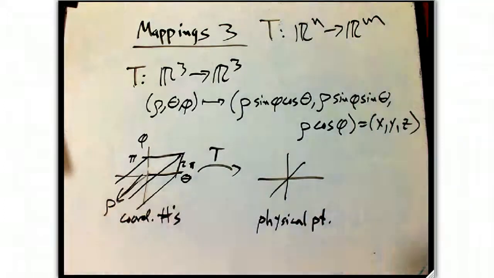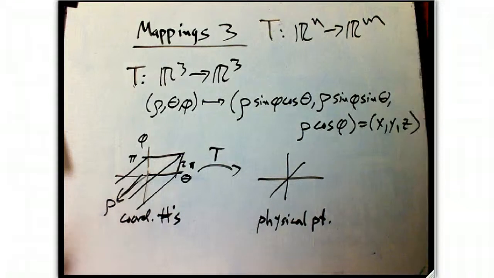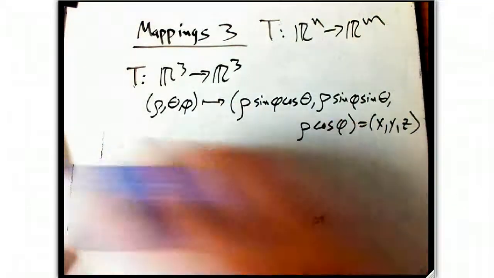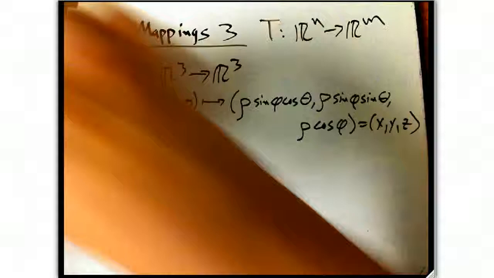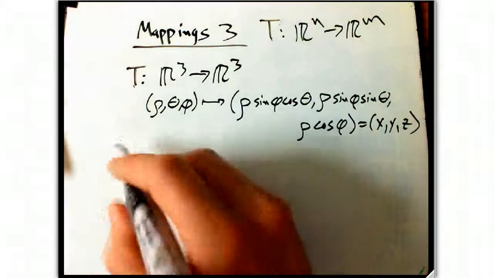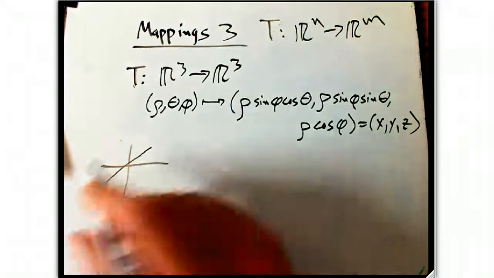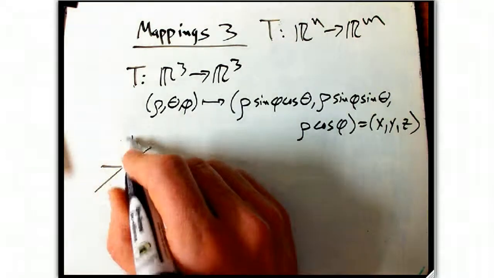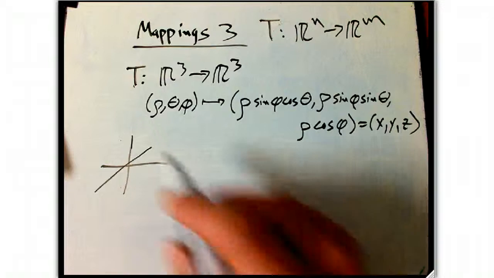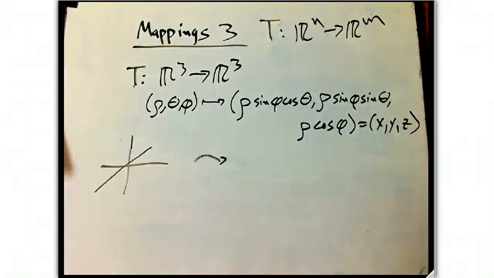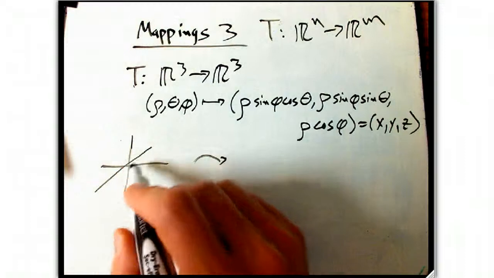So for example, let's keep the formulas. What happens if we take a curve here?